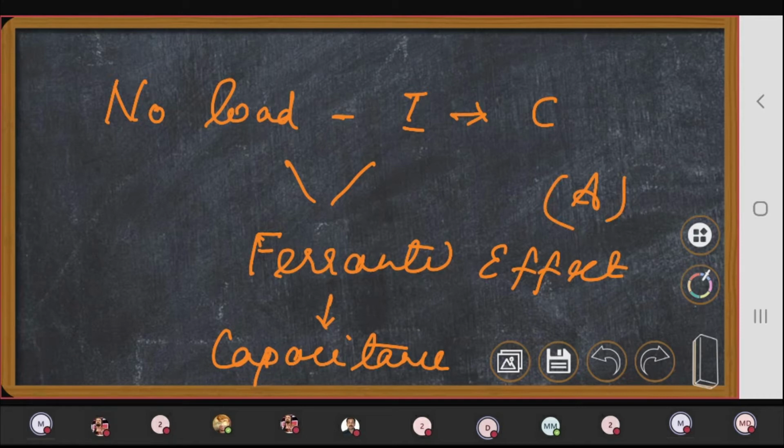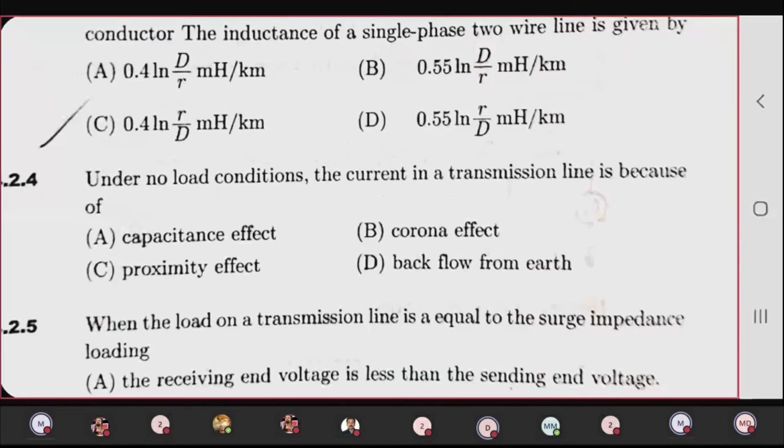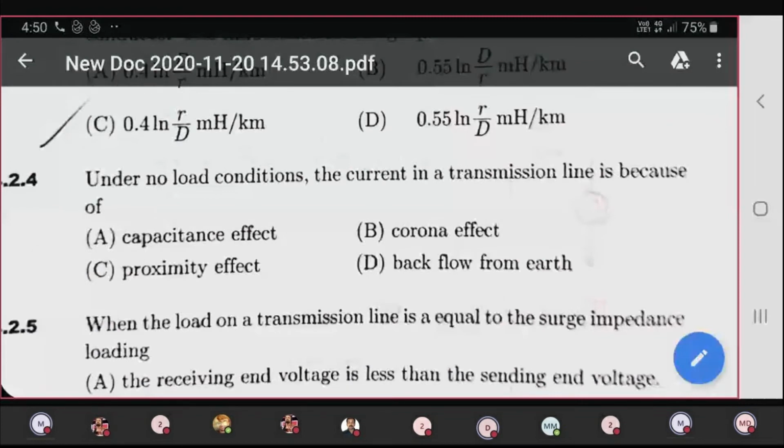So it is due to the Ferranti effect, also known as capacitance effect. Option A is the right answer. Remember, capacitance effect is also known as Ferranti effect.